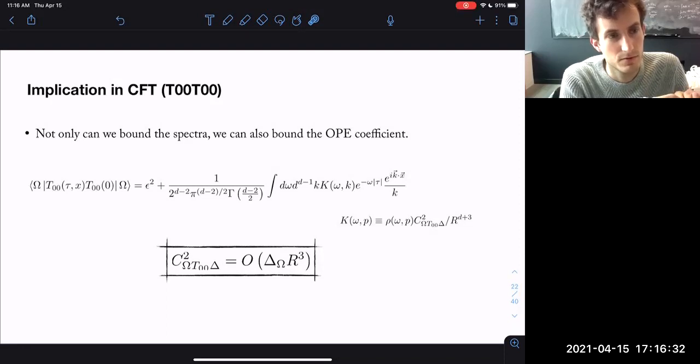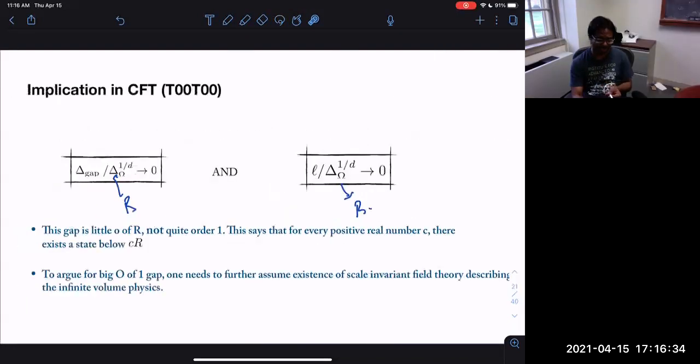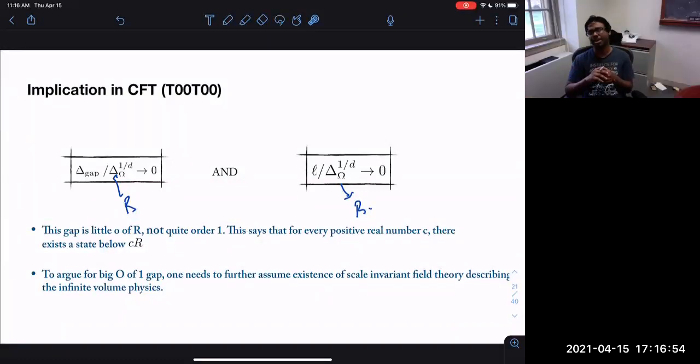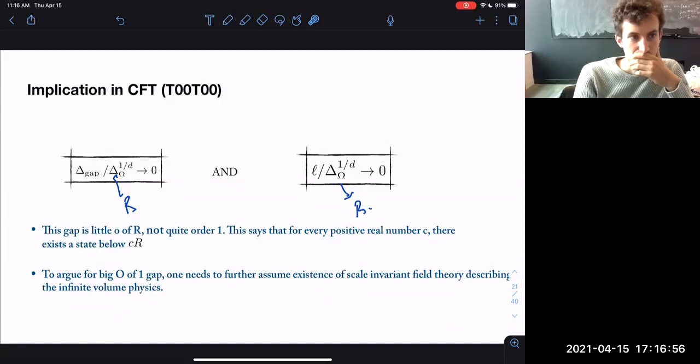So roughly when we go from this step to this step, what we have in mind is some superfluid-like EFT, some EFT which describes things. So this step is really a physical argument, not some rigorous mathematical step. Right, so from the CFT, all you can say is that it's little o of R. Okay.